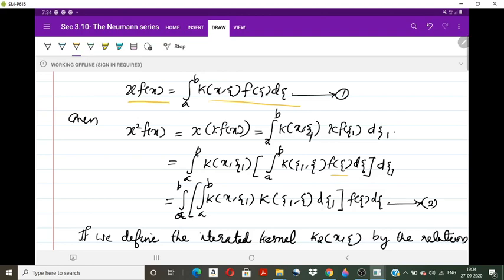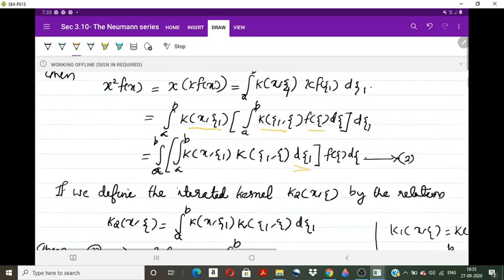So when we first write the integral d theta 1, we have integral a to b of integral a to b k of x theta 1 k of theta 1 theta d theta 1 into f of theta d theta. Take it as equation number 2.